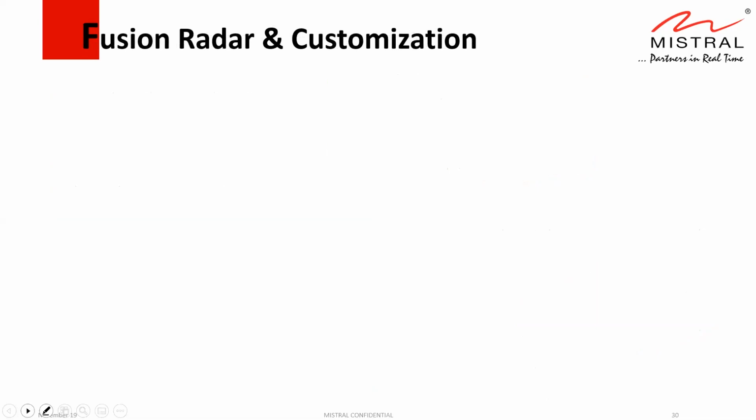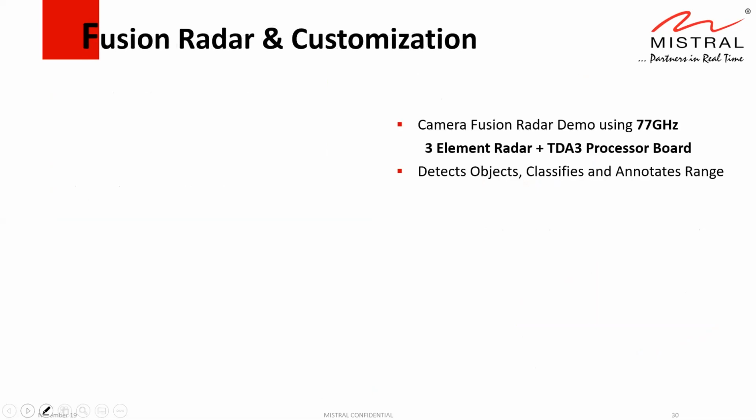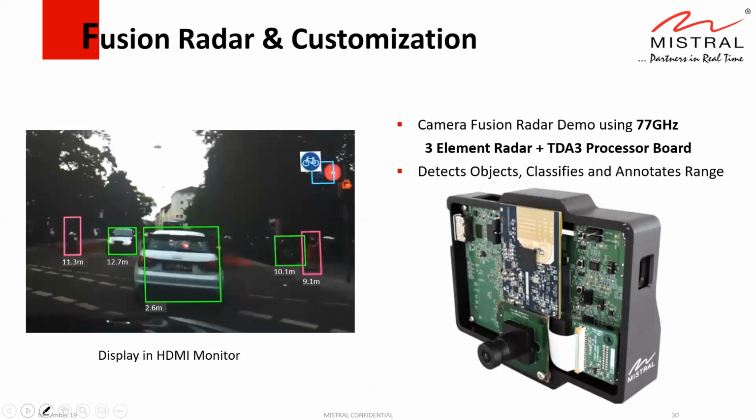And this is the fusion radar offering. So a 3-element fusion radar with a media processor and vision analytics processor to detect objects, classify, and annotate the range. In this use case you can detect different objects, human or cars, and the safe range based on the speed and the range. We can superimpose and provide this data in live video.